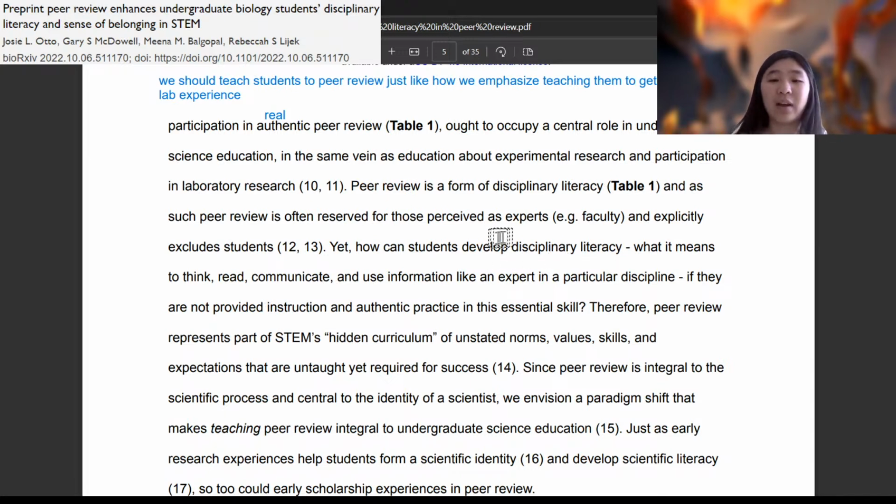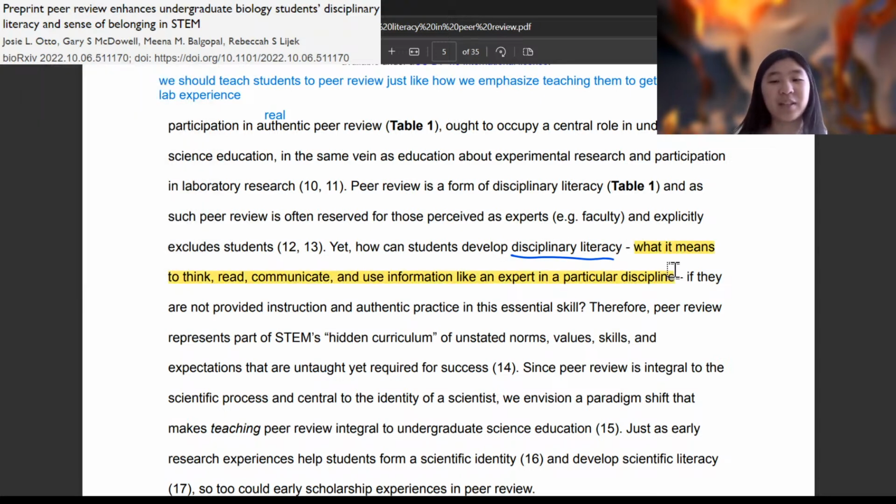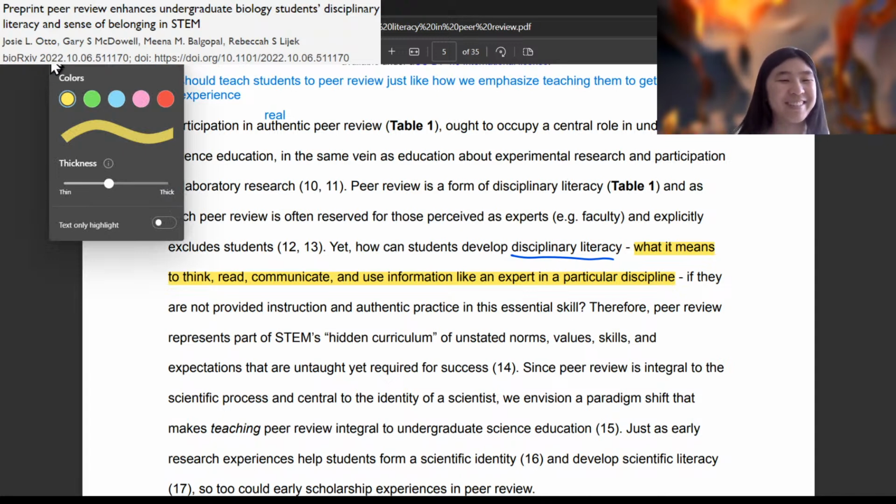So they define disciplinary literacy here, where basically they say disciplinary literacy means to be able to think, read, and communicate information like an expert in a particular discipline. So basically, if you don't teach them to do this, how would you expect them to develop this skill?